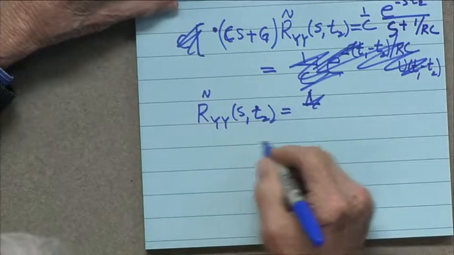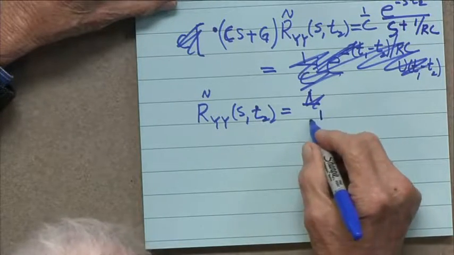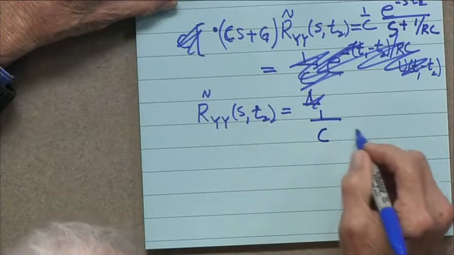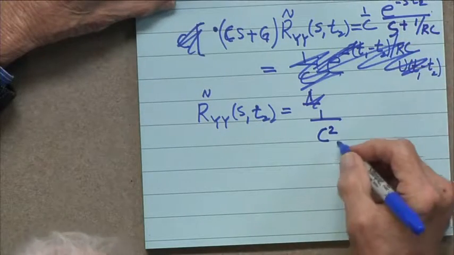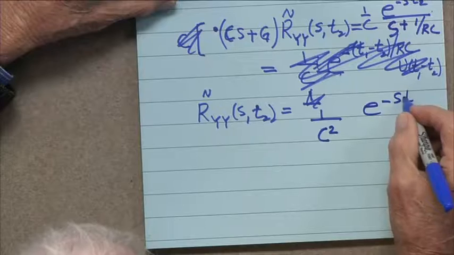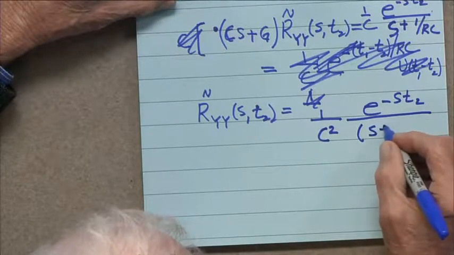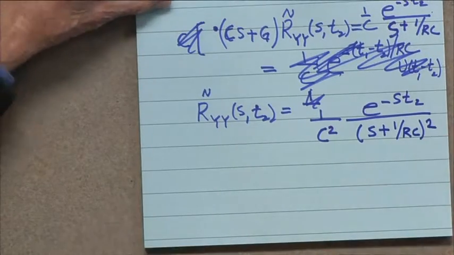And so what we find is that this is equal to 1 divided by C, pick out another C squared, and this is e to the minus S T2 over S plus 1 over RC, quantity squared.